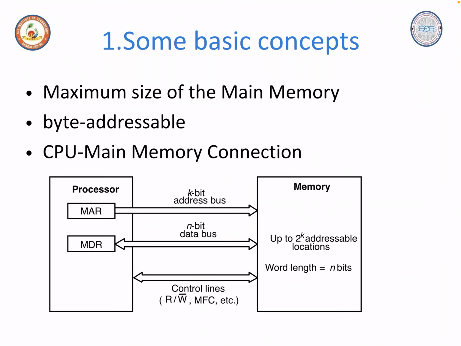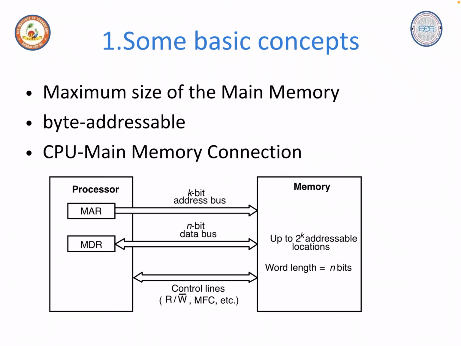In the processor, as we have seen in module 1, we have two registers allocated for memory interaction, MAR and MDR. MAR, the memory address register, holds the address of the memory location you are interacting with.